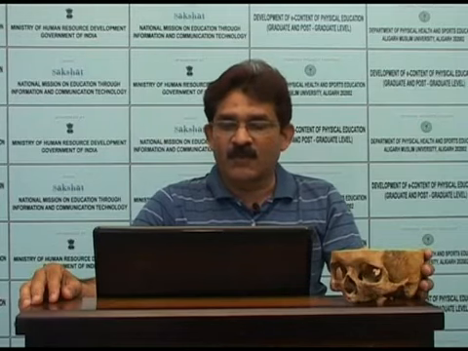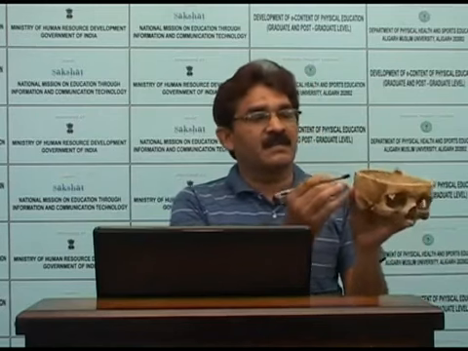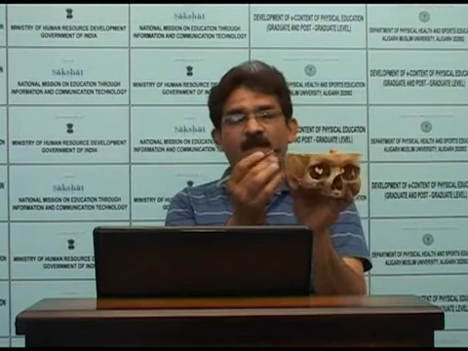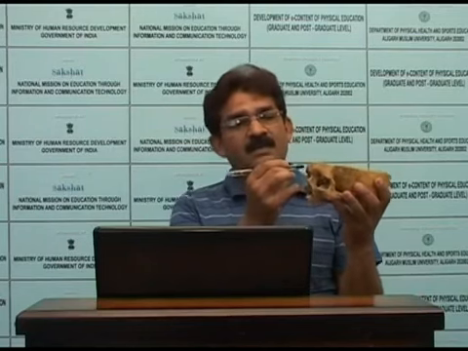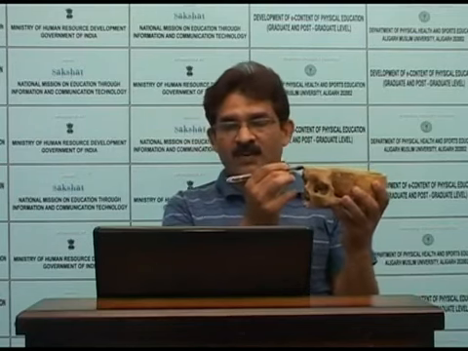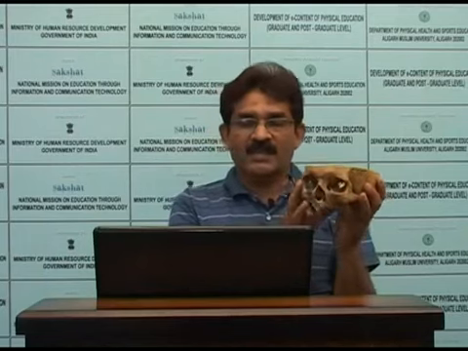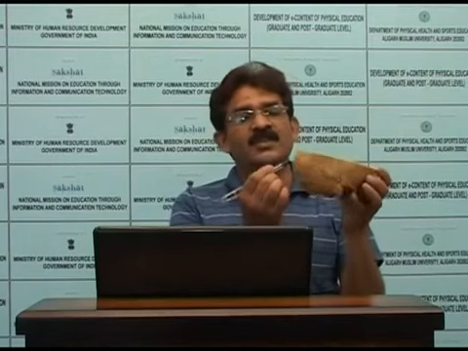Let us start the lateral aspect of the skull. First of all, we know the temporal bone. The temporal bone is situated in this area. In this area is the frontal bone, and third, in this part, the occipital bone.